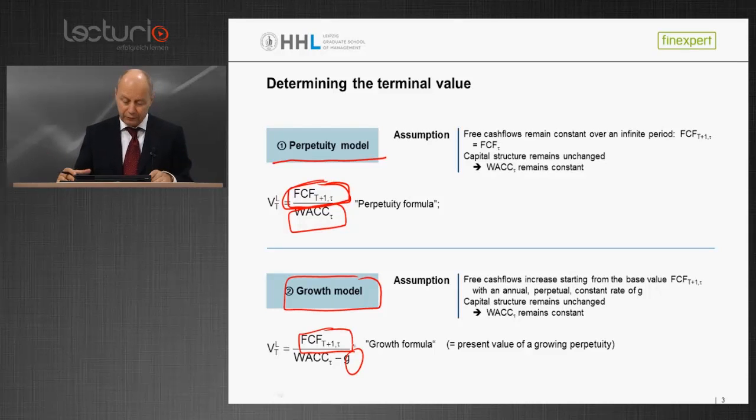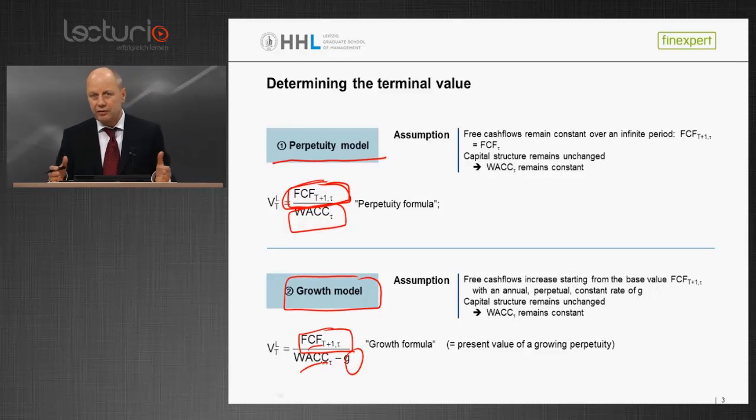The present value of a growing perpetuity is then derived by taking the first free cash flow and dividing it by the difference between the WACC, the discount rate, and the growth rate. And here is the problem with terminal values: the choice of the appropriate growth rate has a tremendous impact on the terminal value and, by the same token, on the total corporate value.